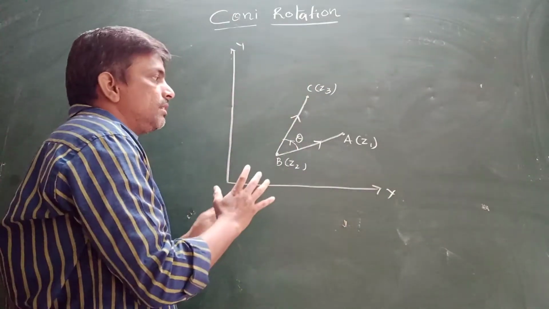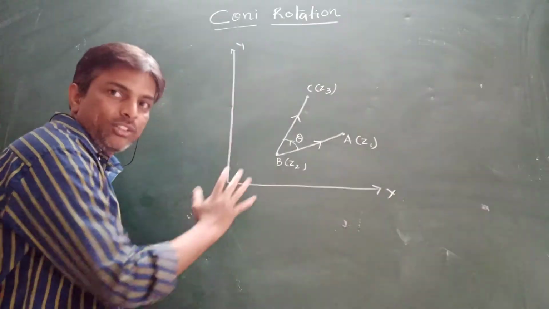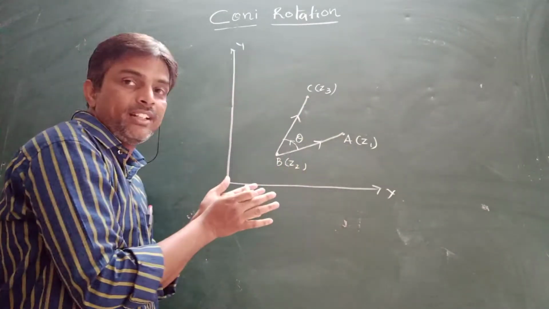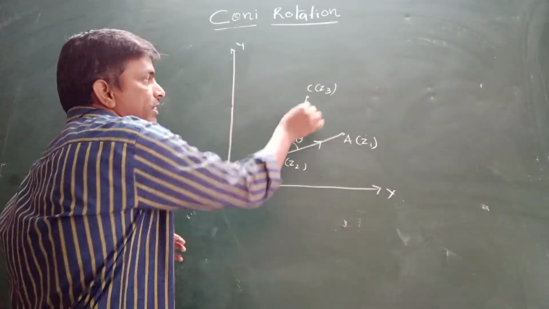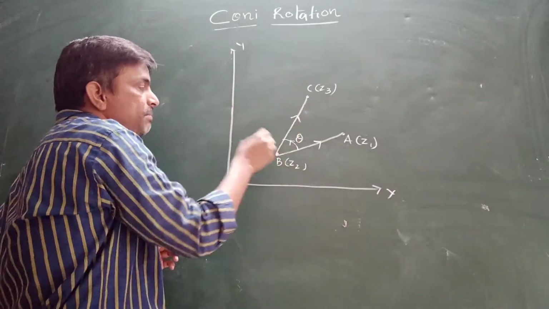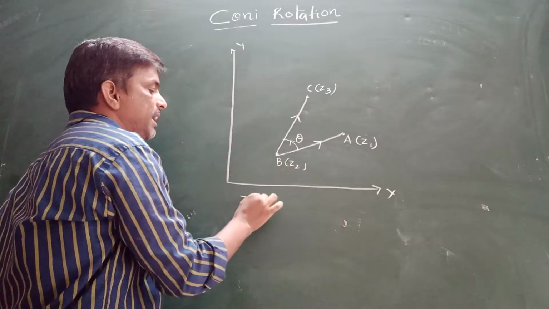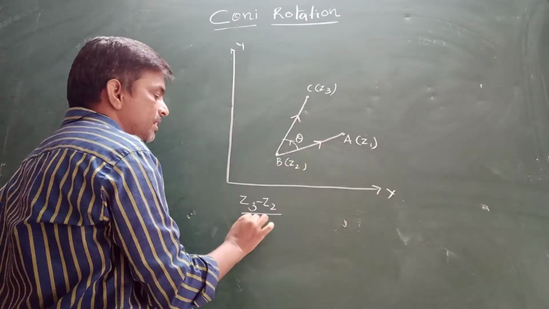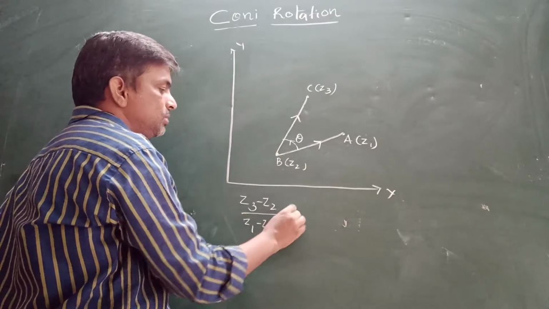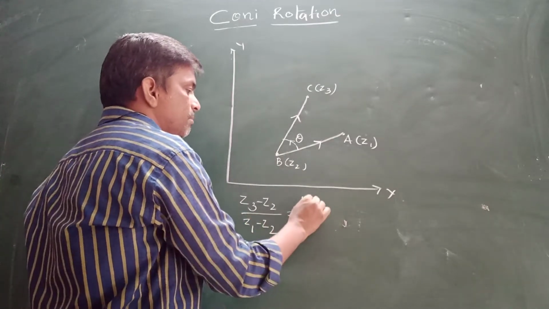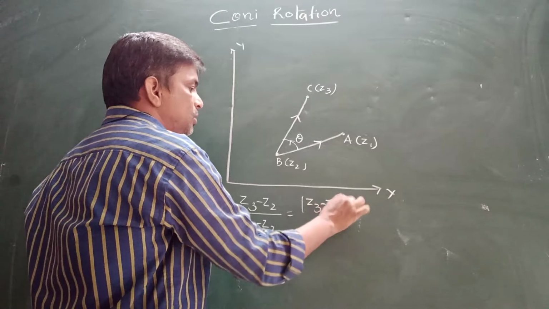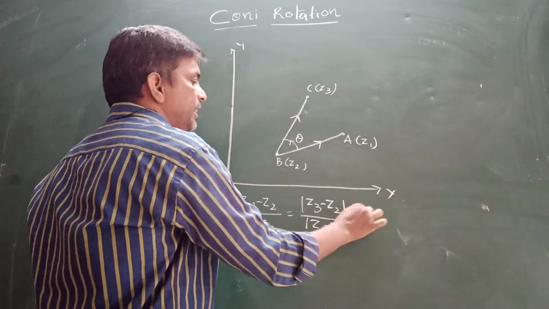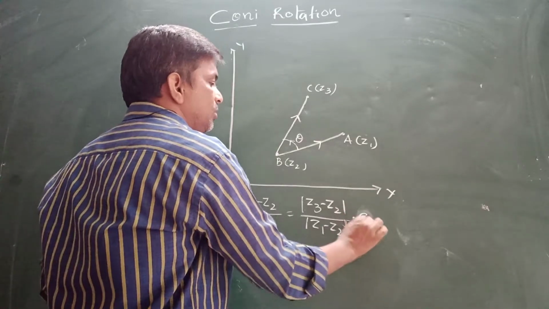Now let's see how I'm going to connect all these terms Z1, Z2, Z3. Already I said yesterday how to write it: the final position CB is Z3 minus Z2, upon the initial position AB, Z1 minus Z2, which is equal to modulus of Z3 minus Z2 upon modulus of Z1 minus Z2, into e power iota theta.